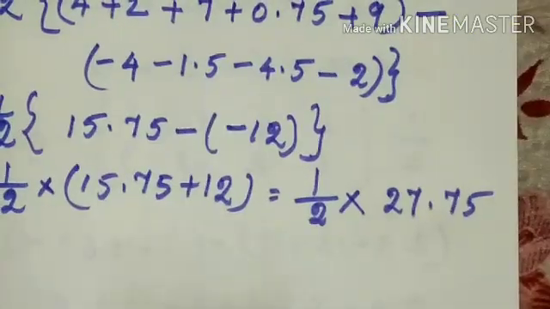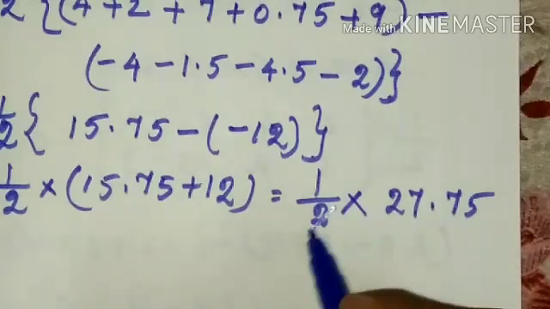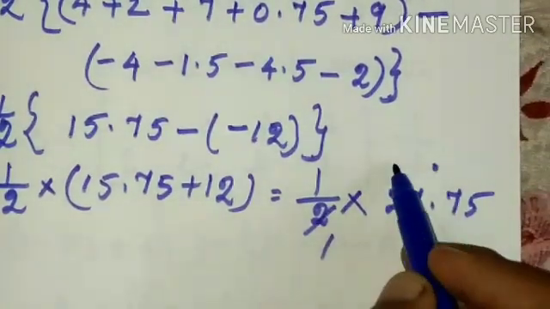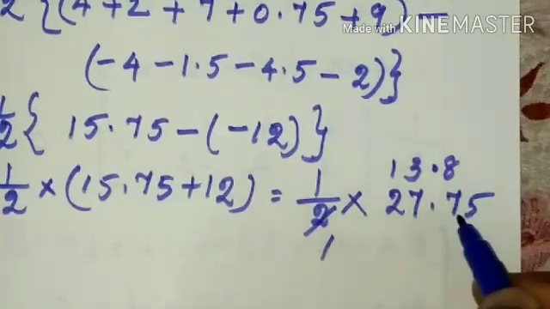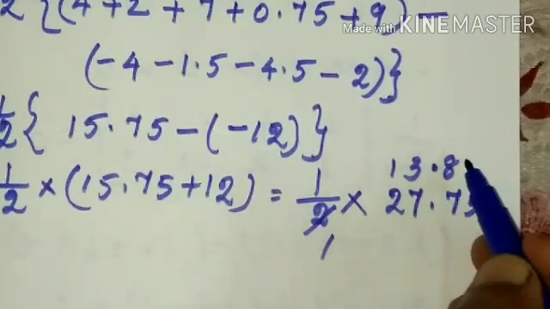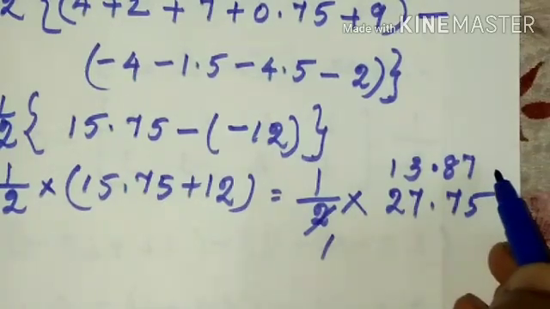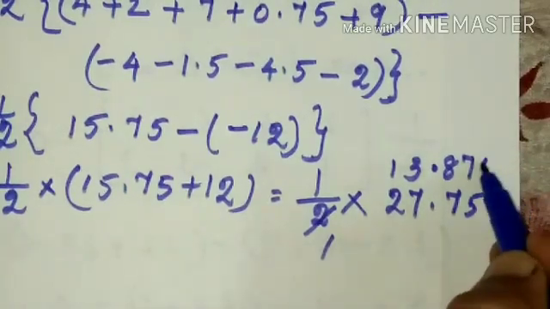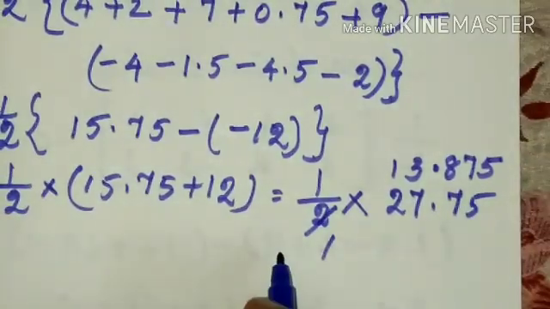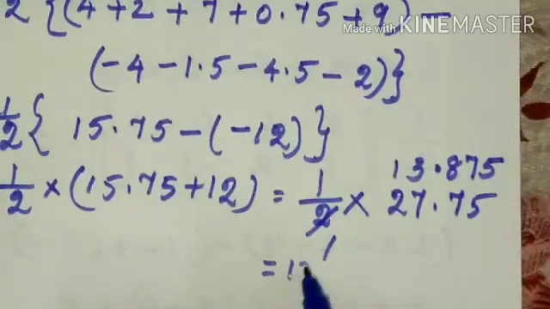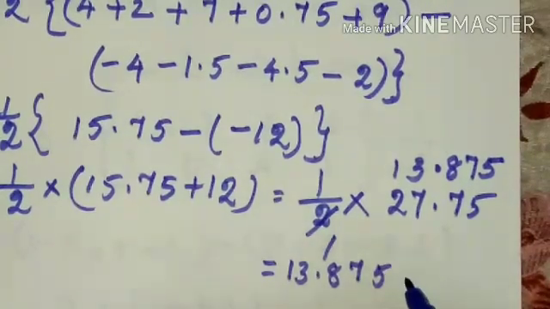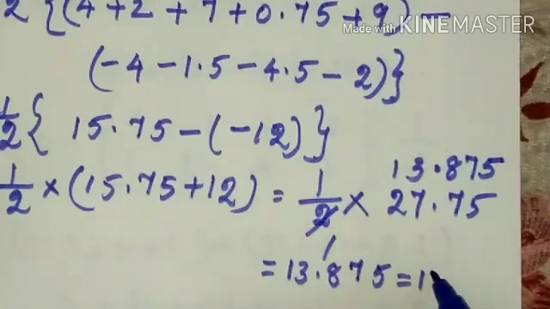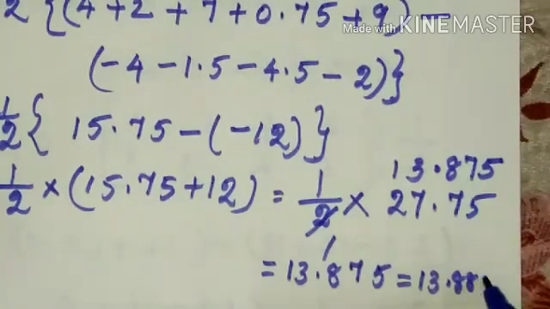Now cancelling this by 2 means we get 1 2 is 2, 1 2 is 2, 3 2s are 6, remainder 1, 8 2s are 16, remainder 1, 7 2s are 14, remainder 1, 10, 5 2s are 10. That is 13.875. Round off this number to 2 decimals means we get 13.88 square unit.